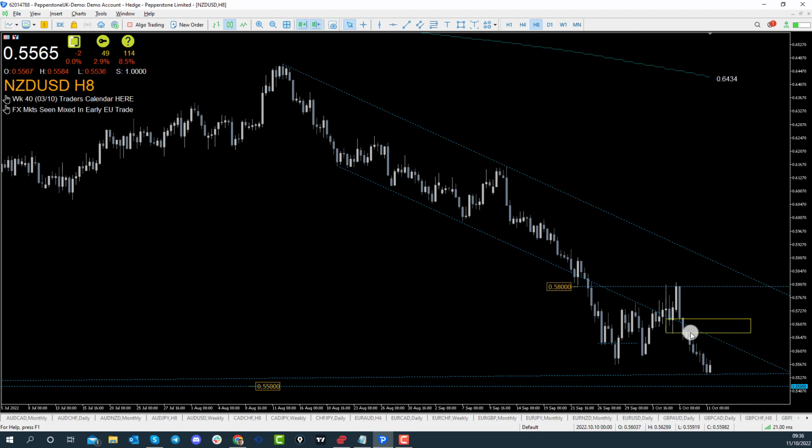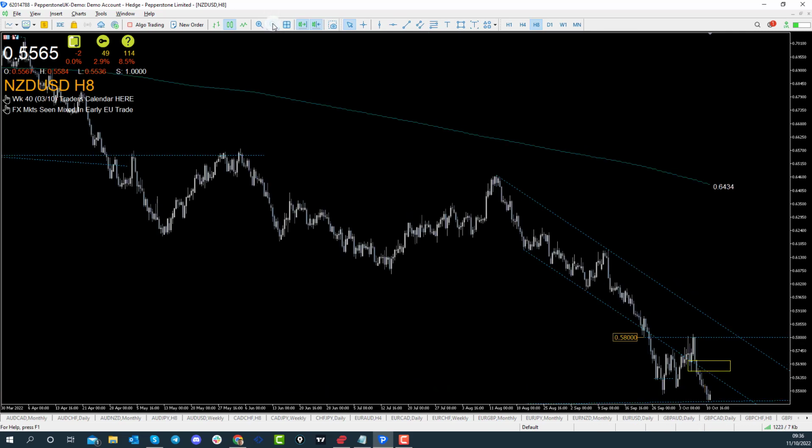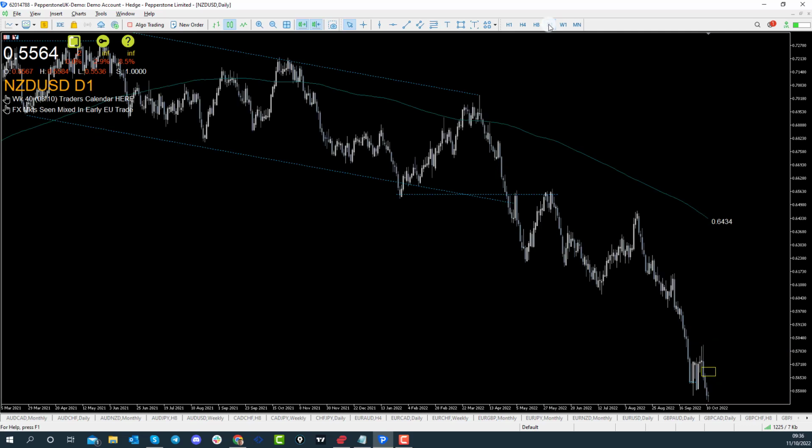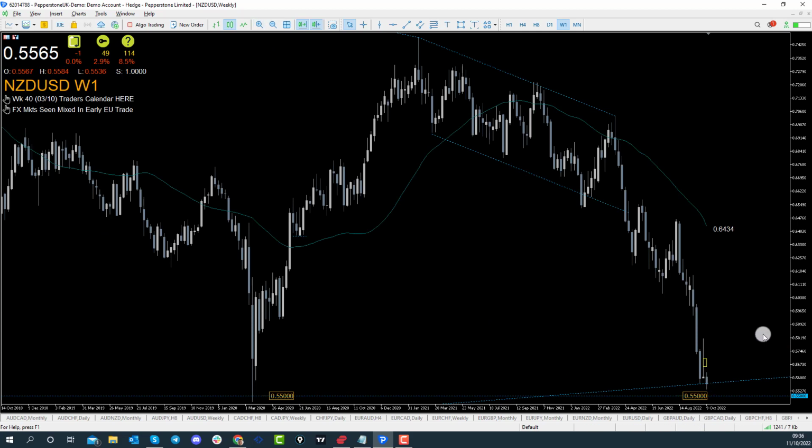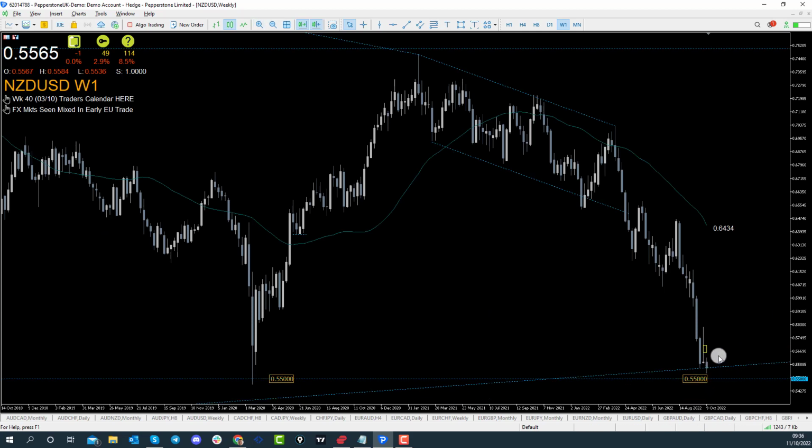The only difference between New Zealand US dollar and Aussie US dollar is that Kiwi is coming into a large time frame support point. You can see we've highlighted the 0.55 handle, and price looks fairly overextended into that level at the moment. So maybe Kiwi is one to stay away from slightly, because from a technical point of view, we are at key support.